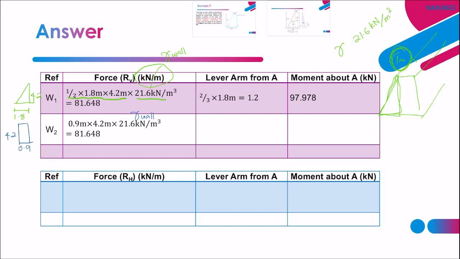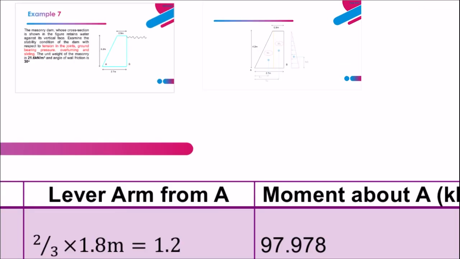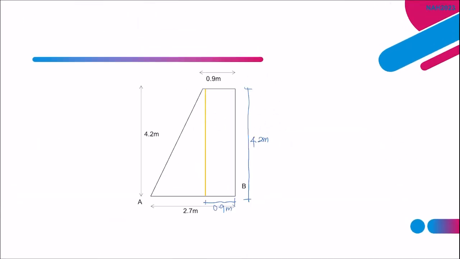And how about the lever arm from A? For the lever arm from A, look at L2 here. It means that, okay, we have half of 0.9 here to reach A. And here we have 1.8 meter.